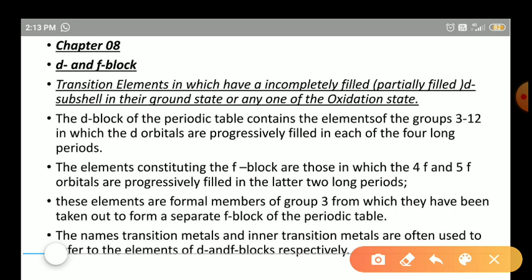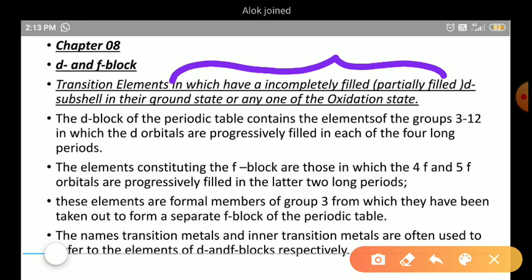Okay. So chapter number 8 is the D block elements. D block elements are the elements in which electrons are incompletely or partially filled in the d orbitals.